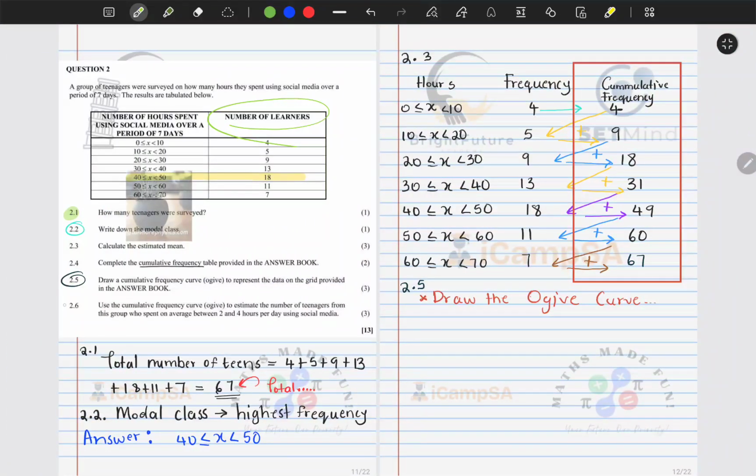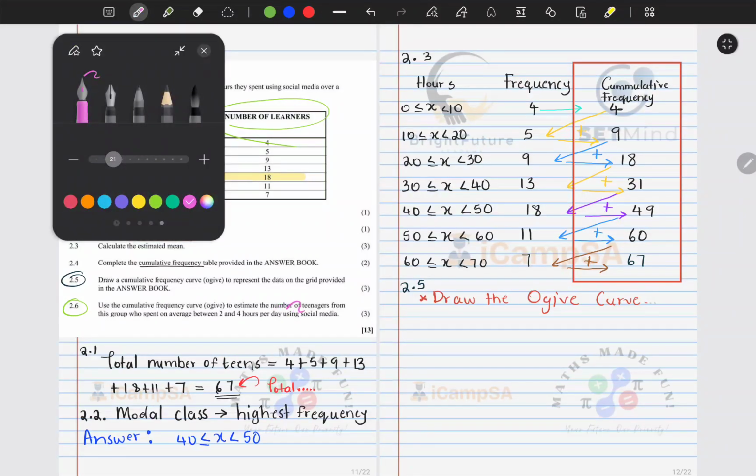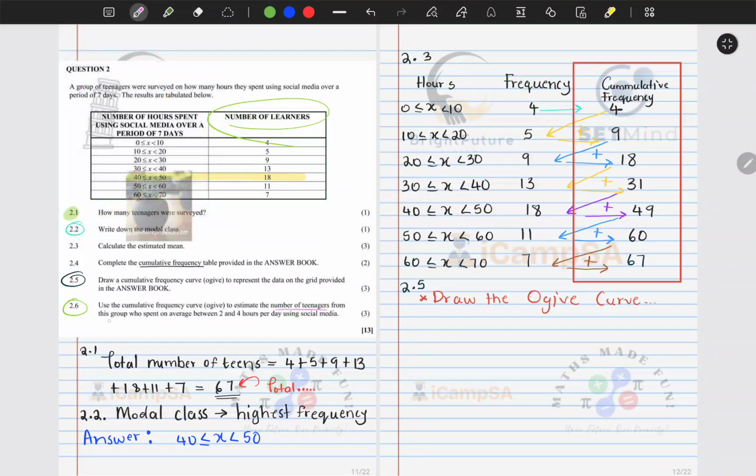Now, the next one, they are saying use the cumulative frequency or the Ogive curve to estimate the number of teenagers from this group who spent on average between 2 and 4 hours per day. So how many are they who spend between 2 and 4 hours?